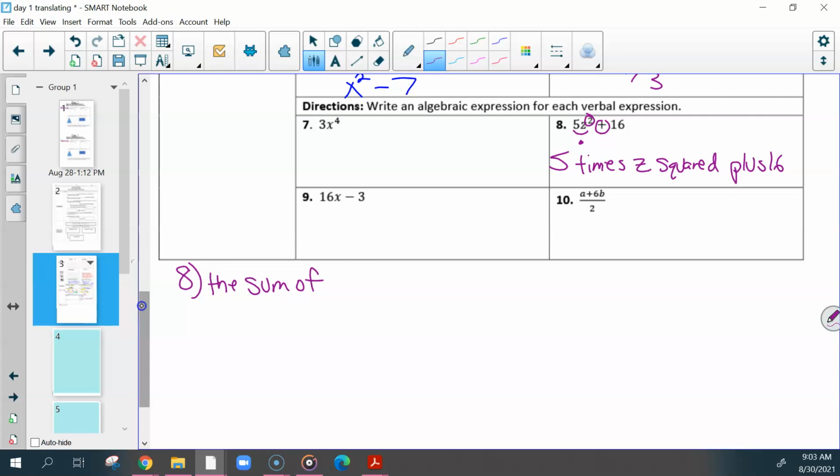Then I'm going to say the sum of the product of, now I need to say what 2 things I'm multiplying. 5 and z raised to the second power.